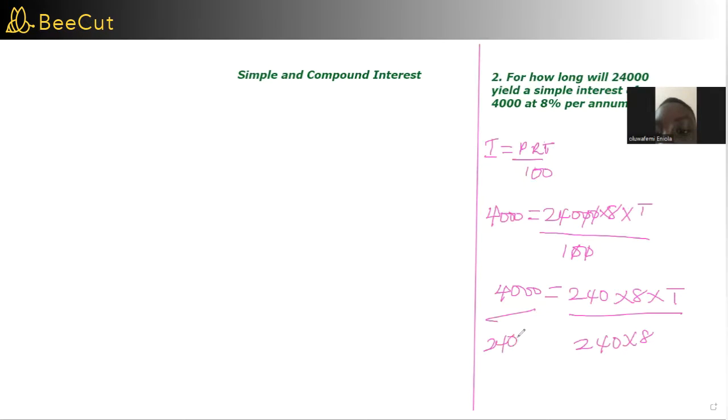Then this cancels out, remaining only T. So I have T equal to 4,000 over what?